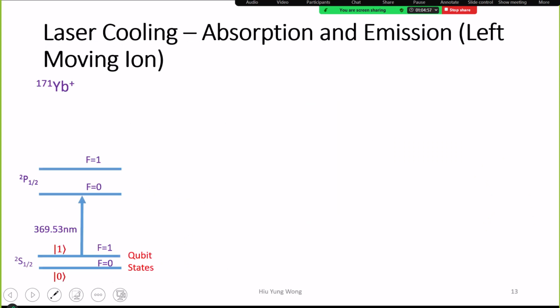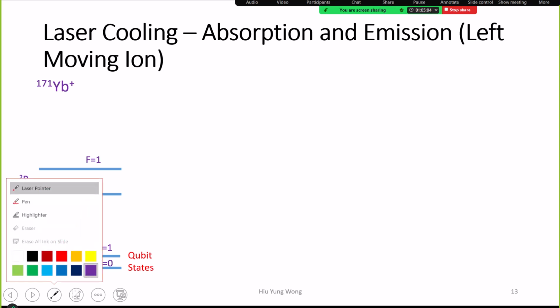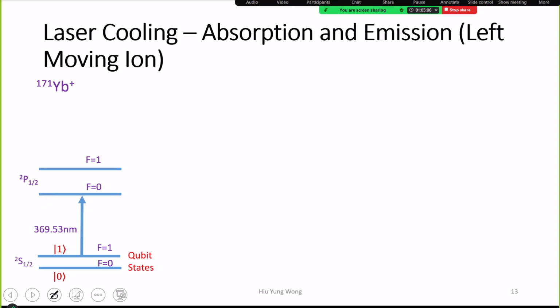How do you cool down the ion? So that is, we can use laser cooling. But let me explain some of the basics, and then it will be easy to understand. So let's say I have an ion moving to the left with a momentum, which is P2.